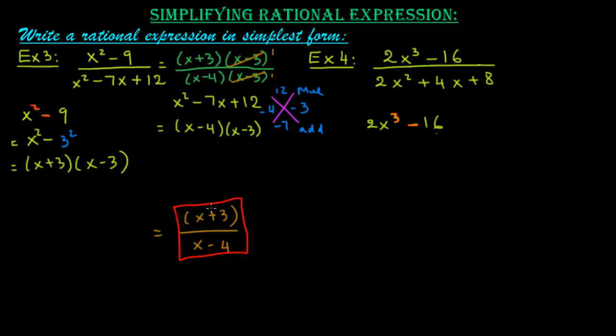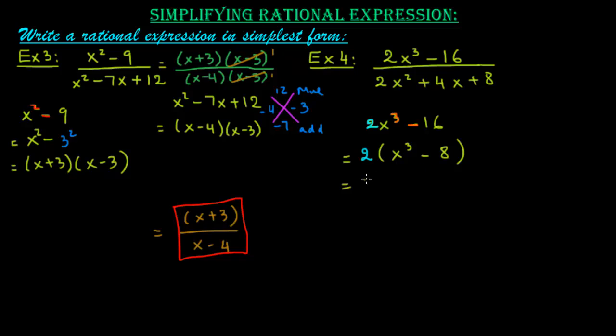There's none, which means we may have a greatest common factor. So how about this 2? 2 goes into 16, so 2 is the greatest common factor. So we factor 2 out, and we have x to the third minus 8.